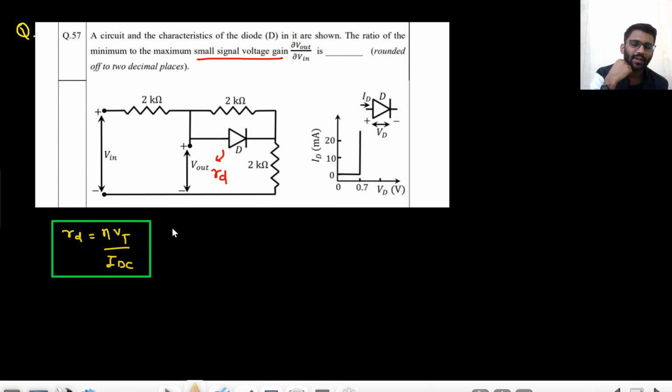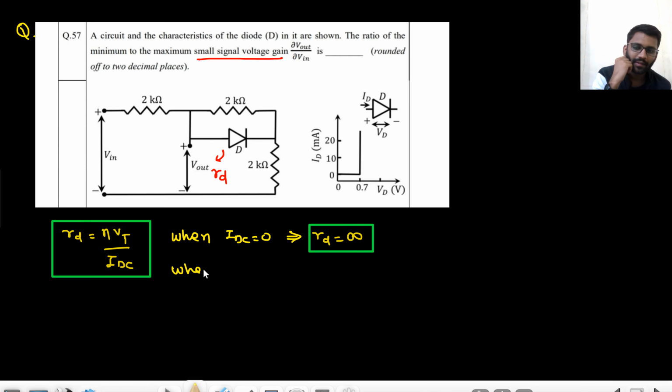What can be the minimum and maximum value of RD, with IDC? When IDC is equal to 0, RD will be infinity, that means diode is open circuited. And when IDC is equal to infinity, look, after 0.7 IDC can take any value. It can take 10 milliampere, 20, 30, 50 milliampere.